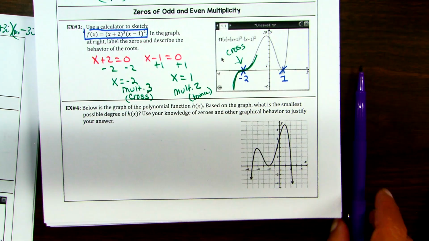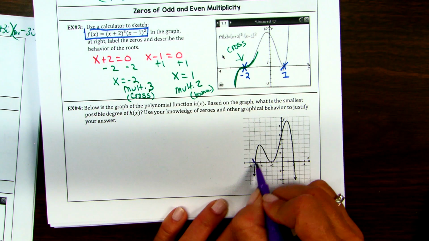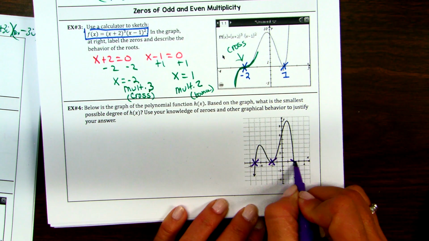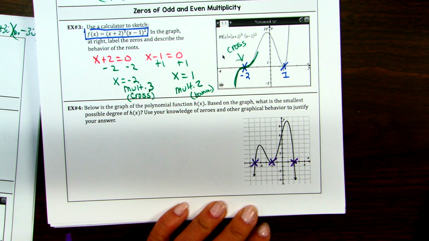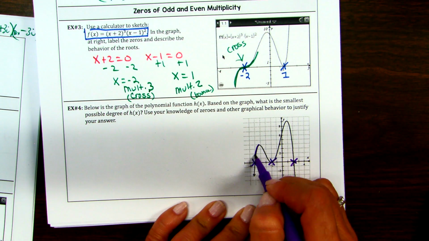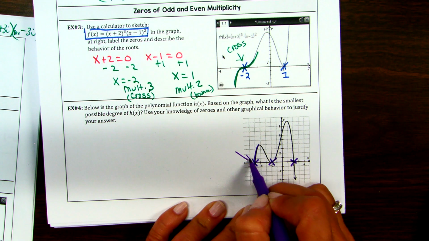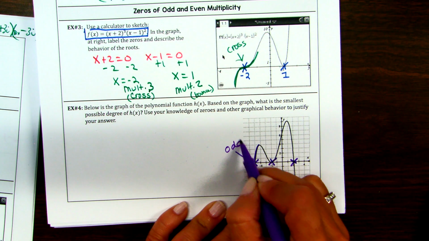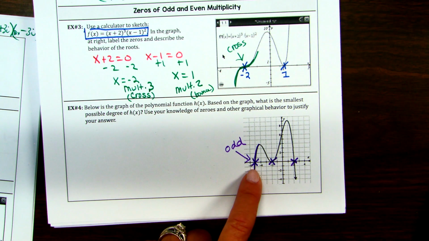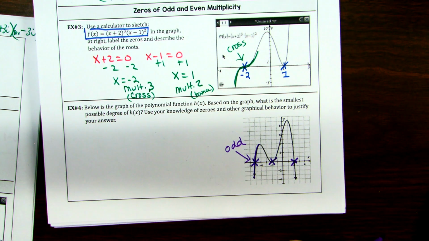So just look at this example here. We're not going to do it all, but there are 3 x-intercepts, right? 1, 2, 3. Because this x value crosses, we know, no matter what, that our multiplicity will be odd. We'll either have 1, 3, 5, 53, some odd number of multiplicity.